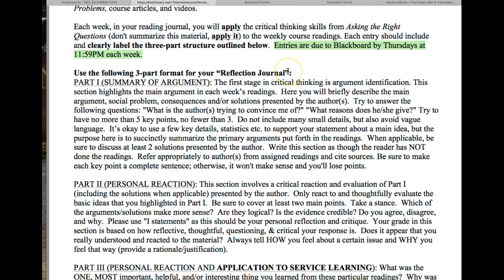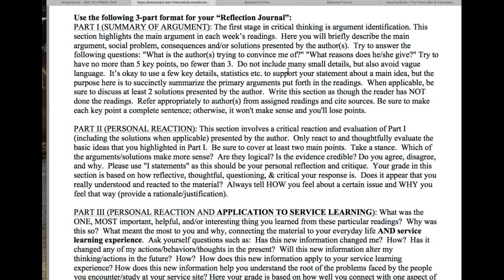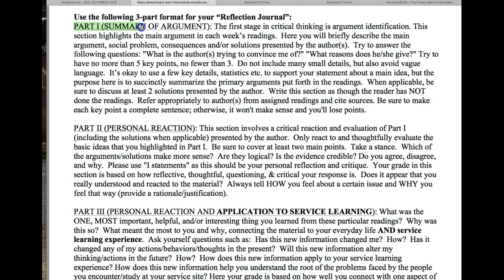So here is the three-part structure, and you are actually literally going to type this out. Part 1, summary of argument, and then you are going to summarize the arguments that are presented in either Crone's book or the arguments that are presented this week.